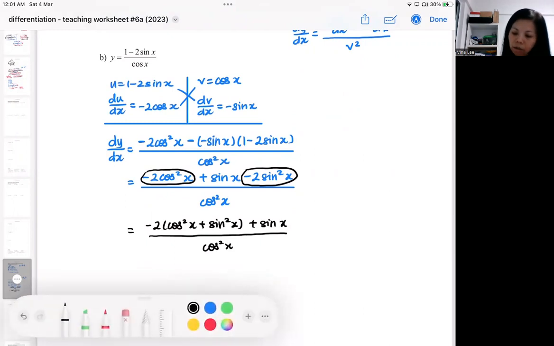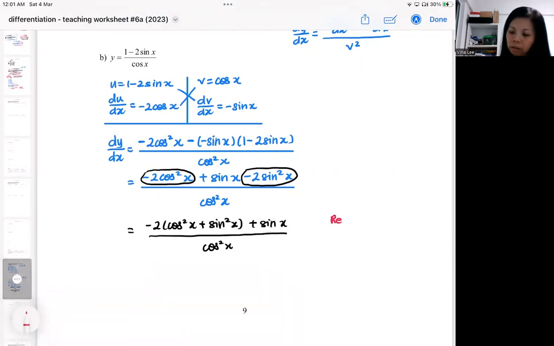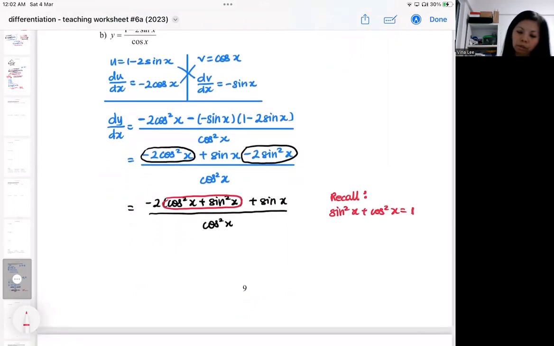So do you recall that this is one of your trigo formula? So sine square plus cosine square is equal to 1. So anyway, this one is given in your exam list. So this is a trigo formula that you can actually execute. So my whole dy/dx is actually very much simplified if I apply the formula.